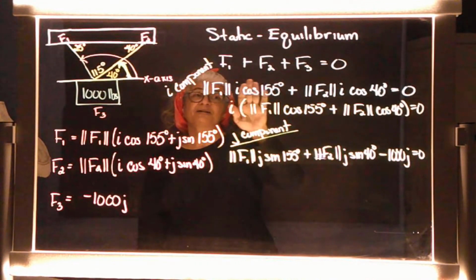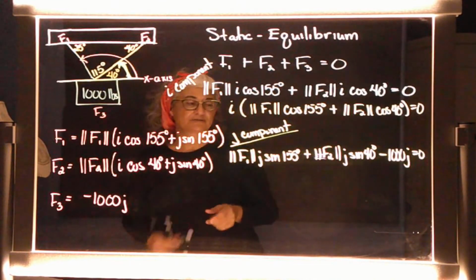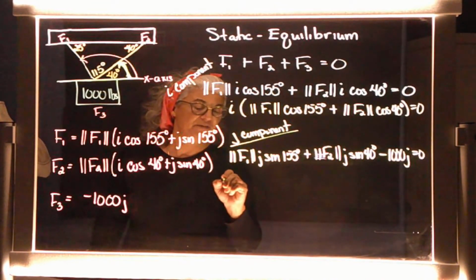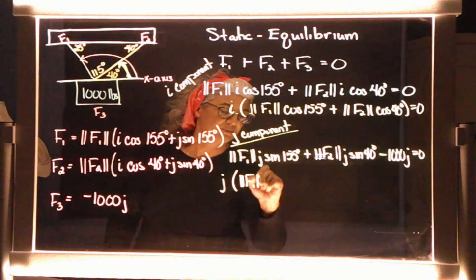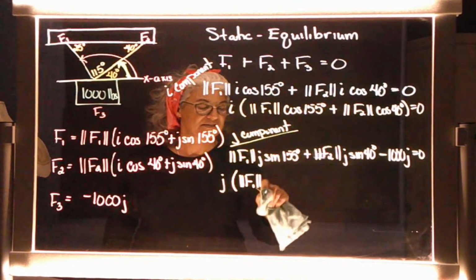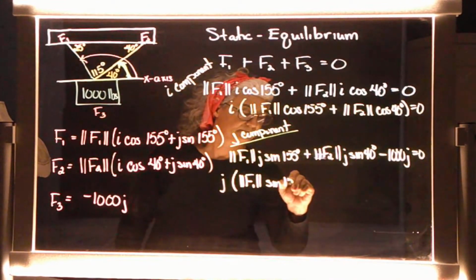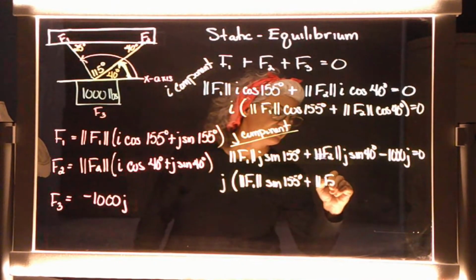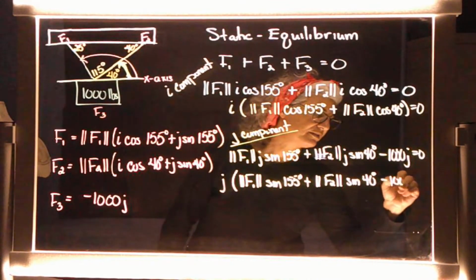So remember, these I components and these J components, when you add them together, they've got to basically zero each other out. So here I'm noticing that I'm going to factor out that J. And when I factor out that J, I'm left with the magnitude of F1 times the sine of 155 degrees plus the magnitude of F2 times the sine of 40 degrees minus 1,000.